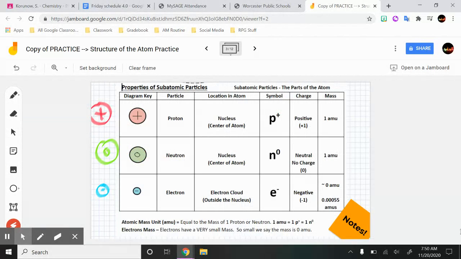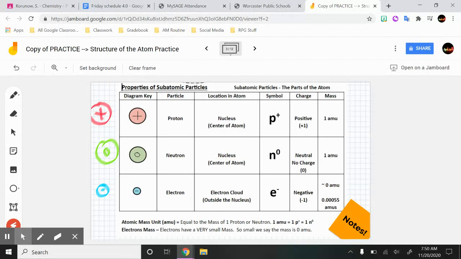There are 3 parts to the atom. Our protons are positively charged, and they're found in the nucleus, in the middle of the atom. Neutrons are neutrally charged. They have no charge, and they're also found in the nucleus.